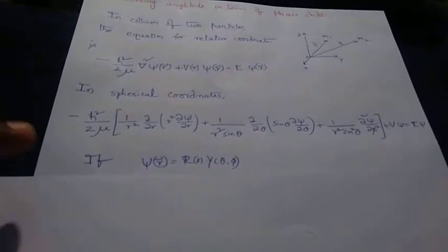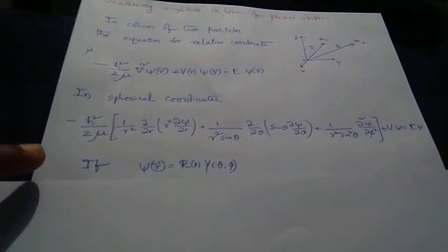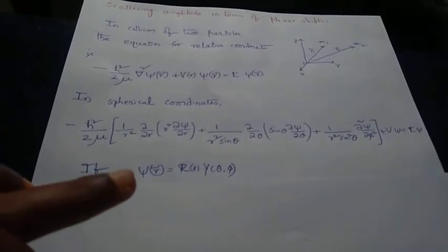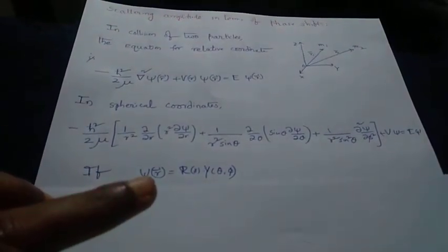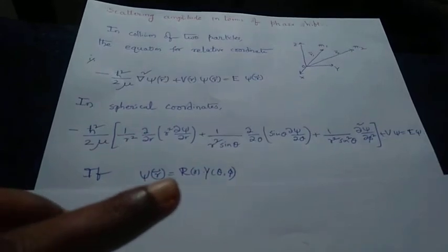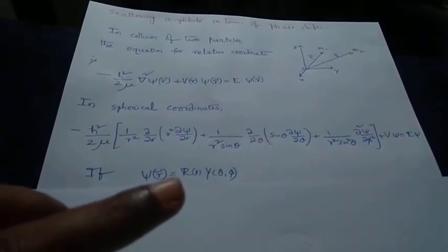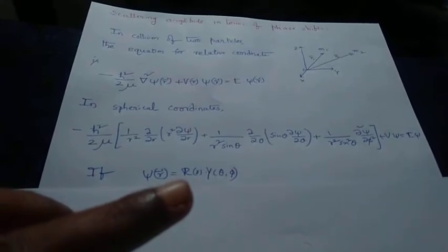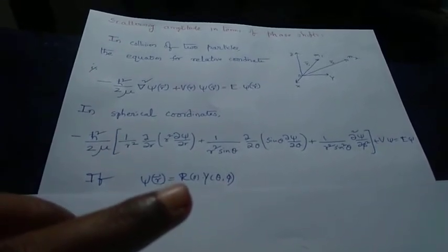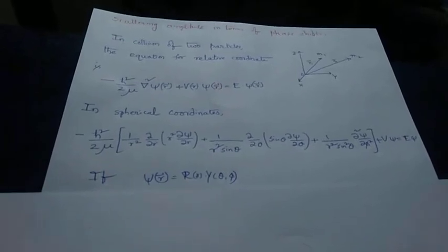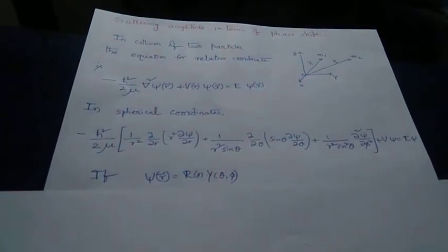To solve this differential equation, we can make use of the technique of separation of variables, where we call this psi of r, which depends upon r, theta, phi, a product of the function R, which depends only upon the radial r, and Y, which depends upon theta, phi.